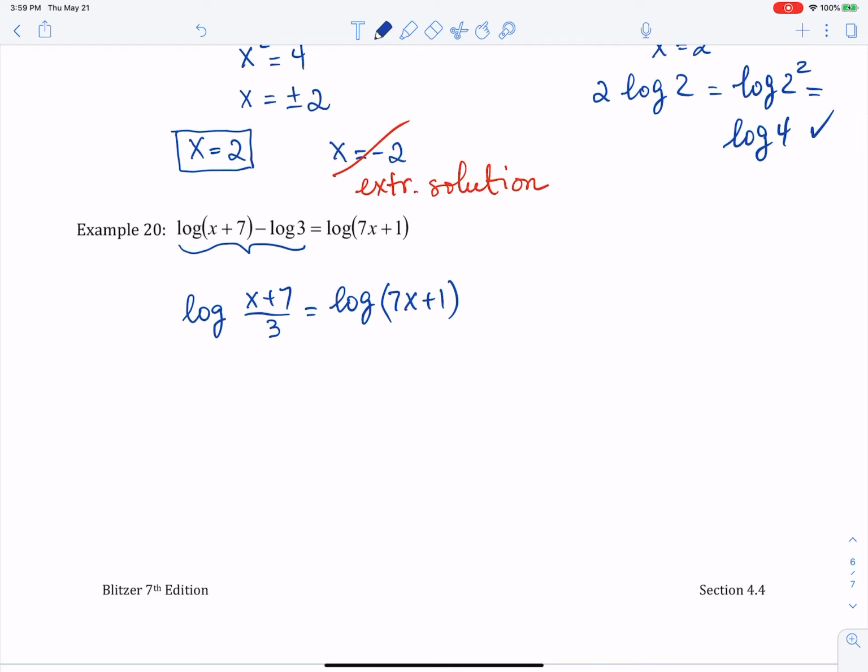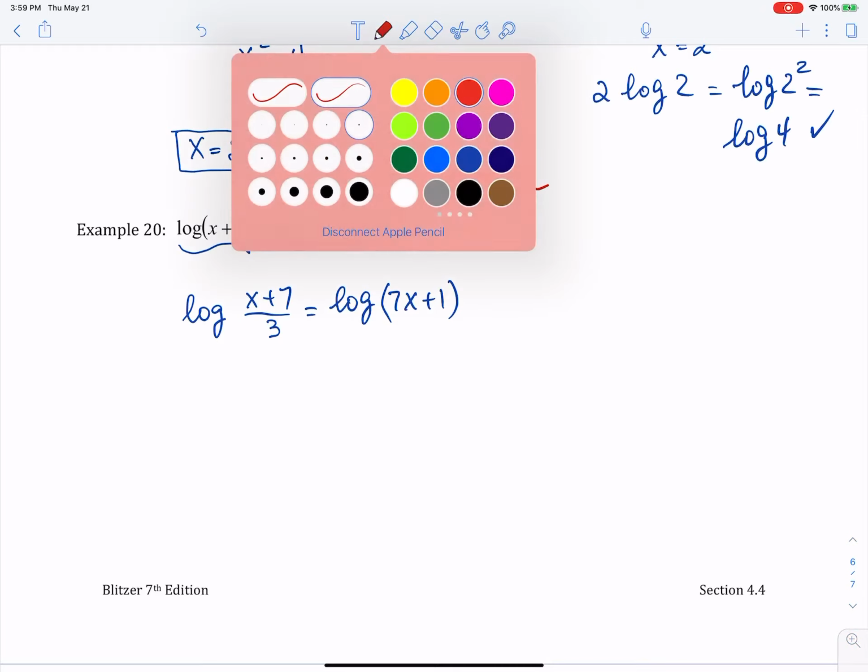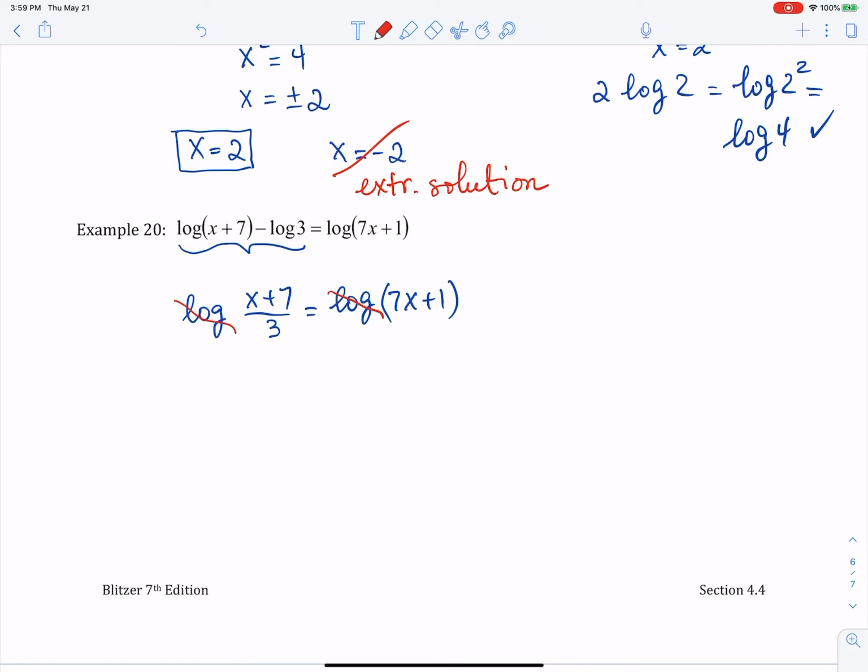Now we have exactly the same logarithms on both sides. We're going to remove the logarithms and make x plus 7 divided by 3 equal to 7x plus 1. To remove the denominator, I'm going to multiply both sides of this equation by 3. And that 3 would remove the denominator.